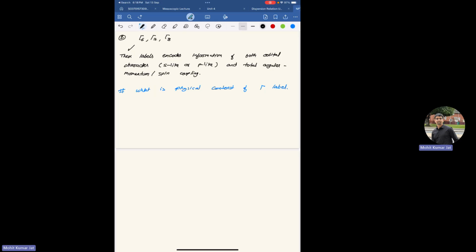The gamma 6 is primary S-like states, spherical, because the S orbital is spherical, and it has quantum number L equal to 0. With spin half it is twofold degenerate, a Kramers pair. And it generally forms the conduction band in III-V and II-VI semiconductors.